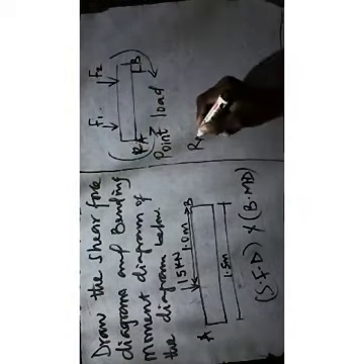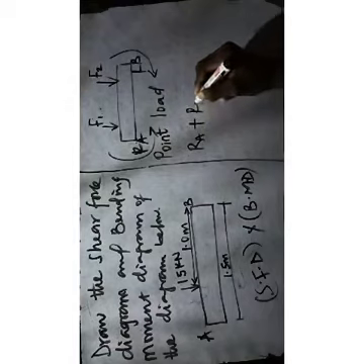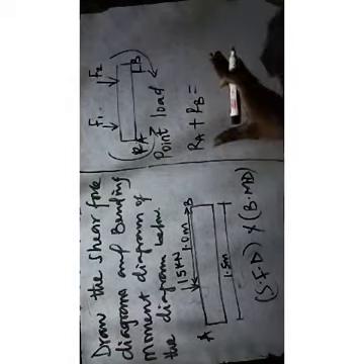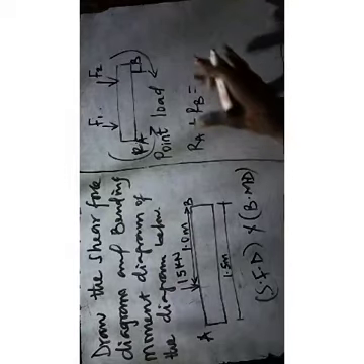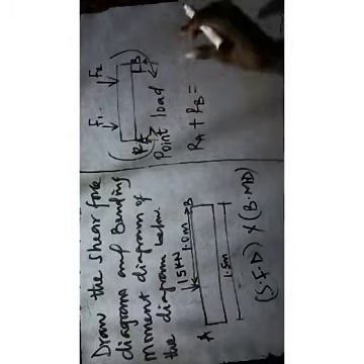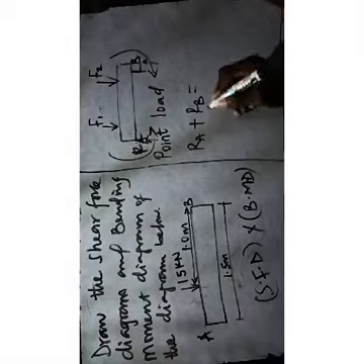You can say RA plus RB. These are the force solution. Clockwise is equal to anticlockwise. This one acting downward is equal to these guys, which tend to act upward. So RA plus RB is equal to the total force on the other side, that will be RA plus RB is equal to F1 plus F2.